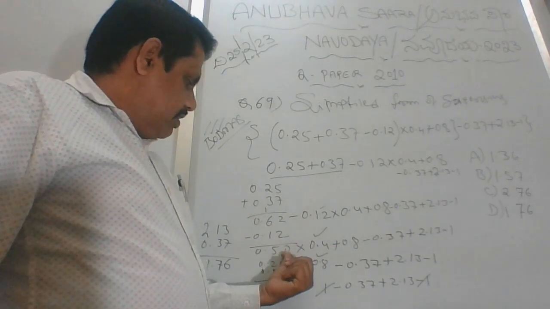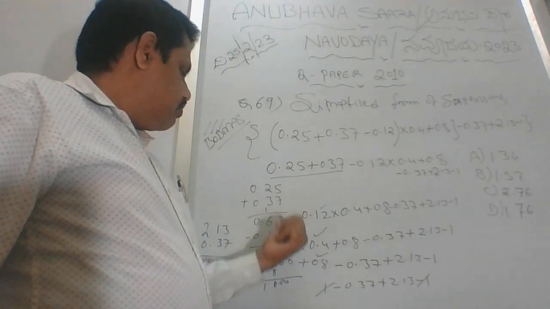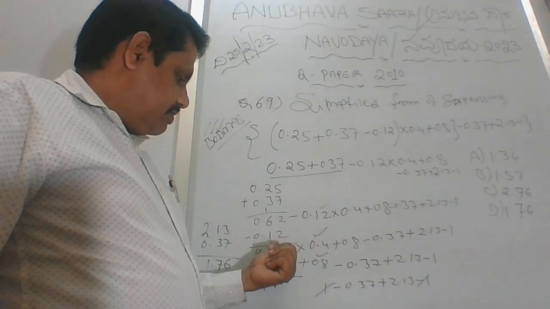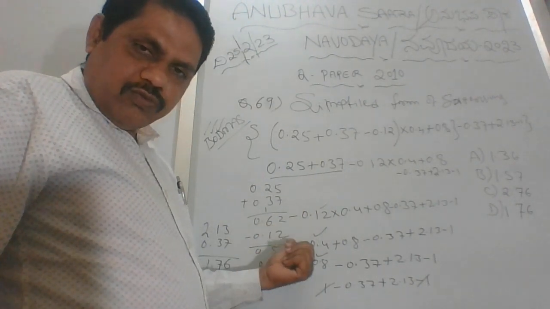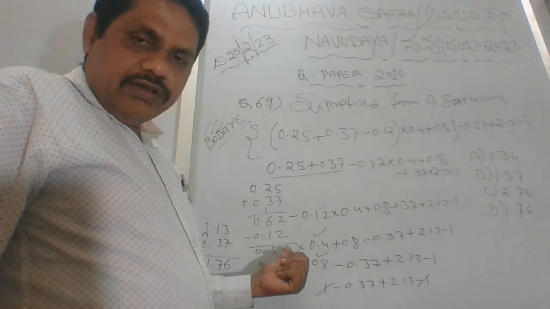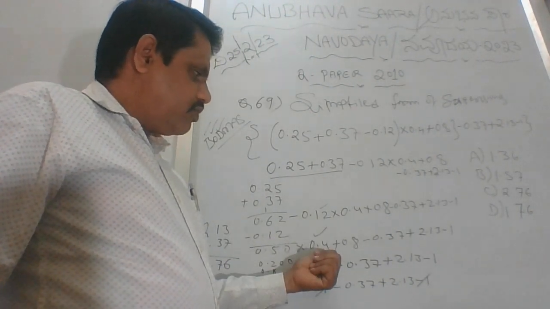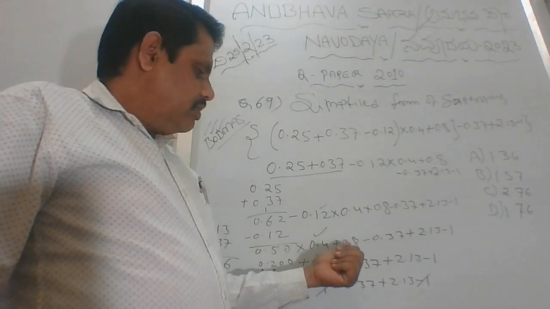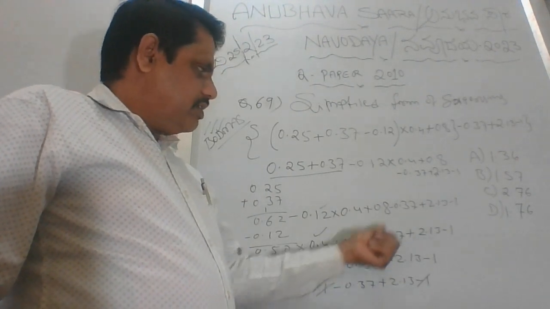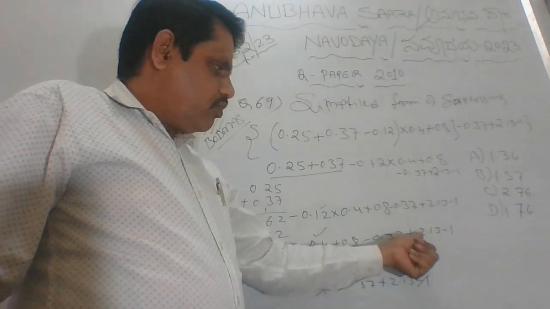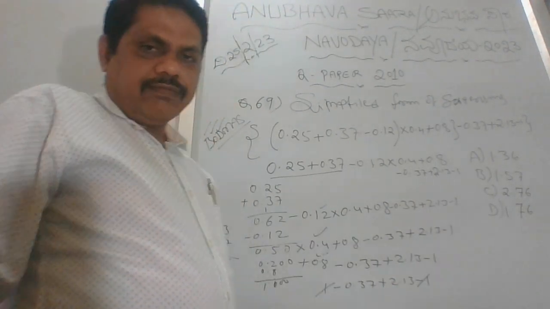I have added here again, and this is over. Then I subtracted 0.62 minus 0.12, which is 0.50. Then multiplied by 0.4, again 0.8 minus 0.37 plus 2.13 minus 1.